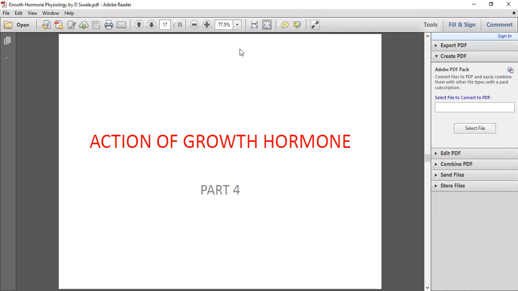If you remember synthesis of proteins, transcription, translation mechanisms. Information from DNA is transcribed onto the messenger RNA.